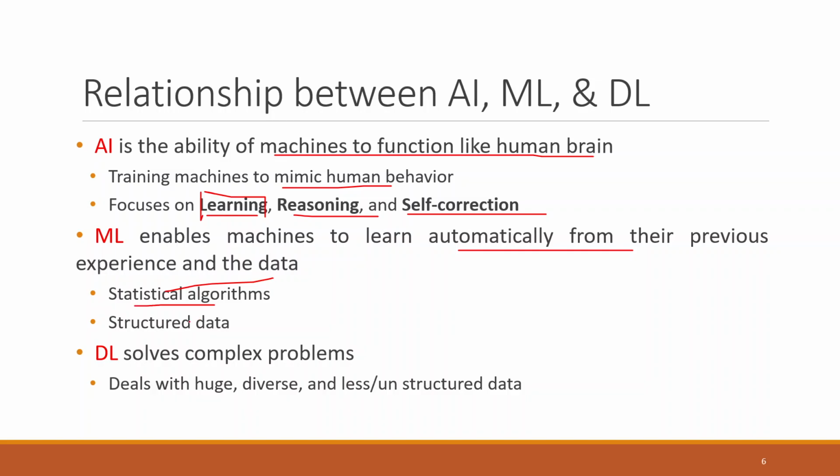We have different statistical algorithms, and we mostly apply machine learning on structured data. But deep learning solves more complex problems and works on unstructured data. We'll discuss structured and unstructured data in the next slides. It deals with a huge and diverse amount of data.